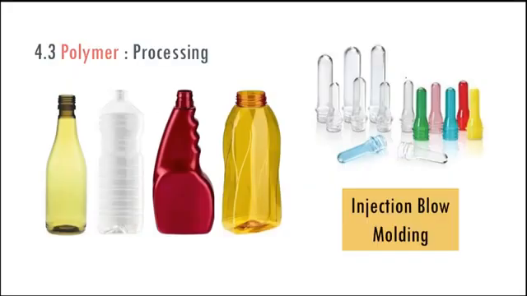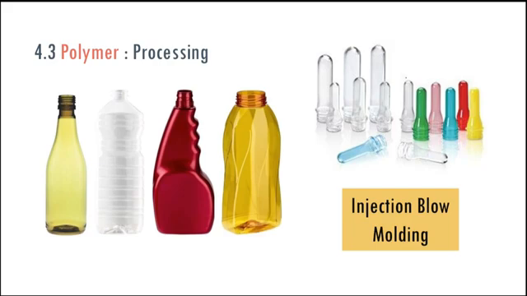By injection molding, you can produce the solid polymer with different shapes. But if you want to make it hollow or have air inside them, you can use another technique called injection blow molding.